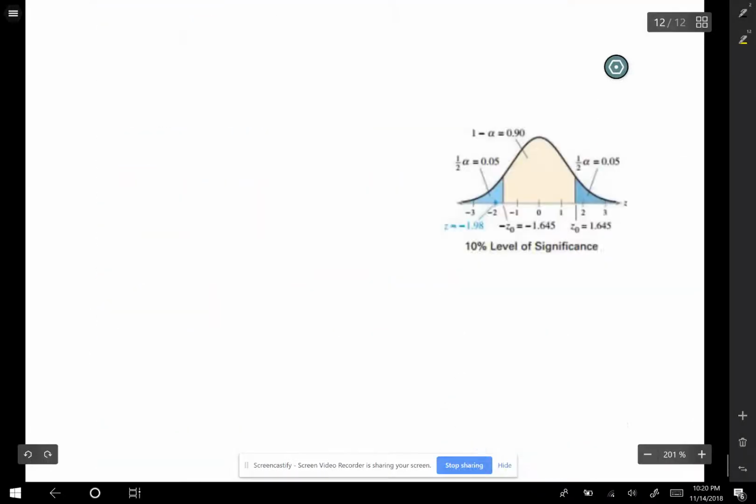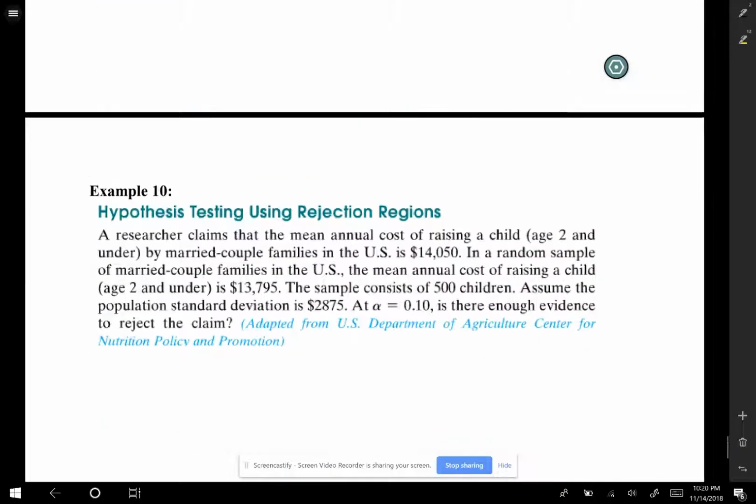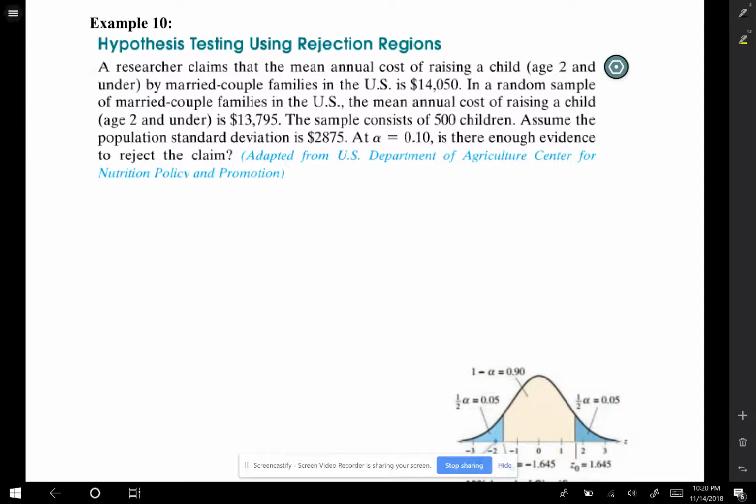All right, and then our final example, example 10, still doing hypothesis testing using rejection regions. You'll notice on each one of these there was at least 2 examples of each type of problem, and that's because they're wanting you to see the different tests, whether it's left-tailed, right-tailed, or two-tailed.